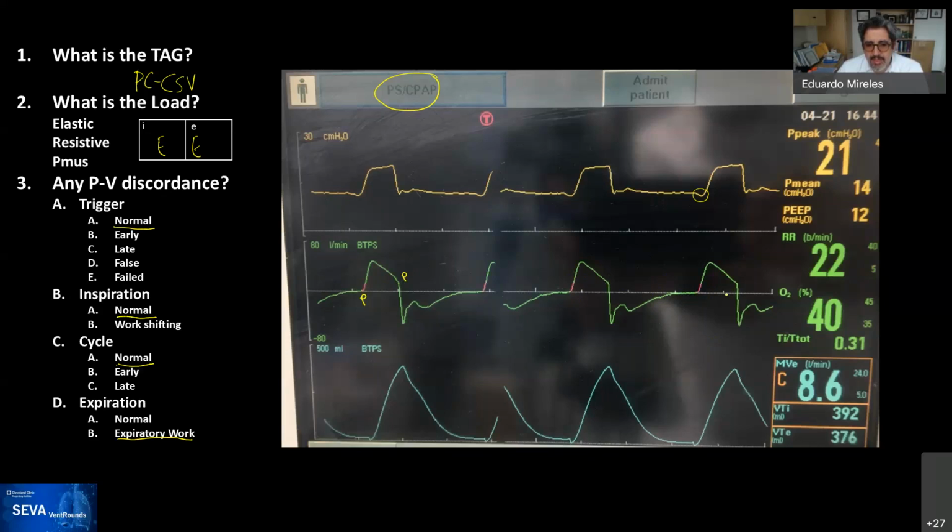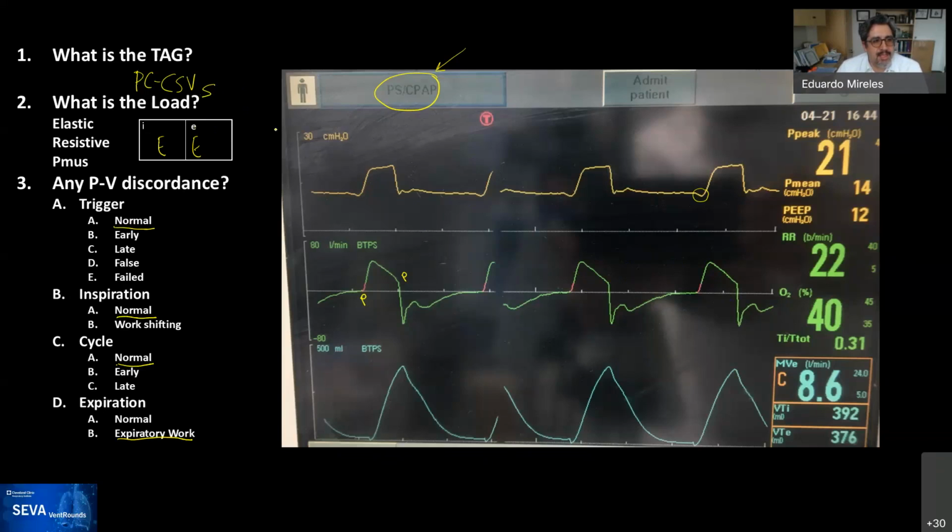It would be very hard for me, in the absence of seeing this over here, to know what's cycling, but because I can see this being up here, I know that this is cycled by the patient, meaning at a given flow from the peak, because all the inspiratory times are identical and the tidal volumes are also pretty similar.